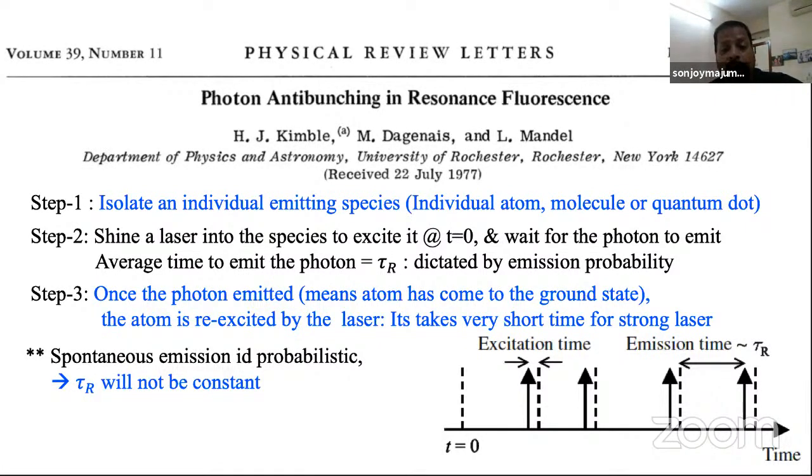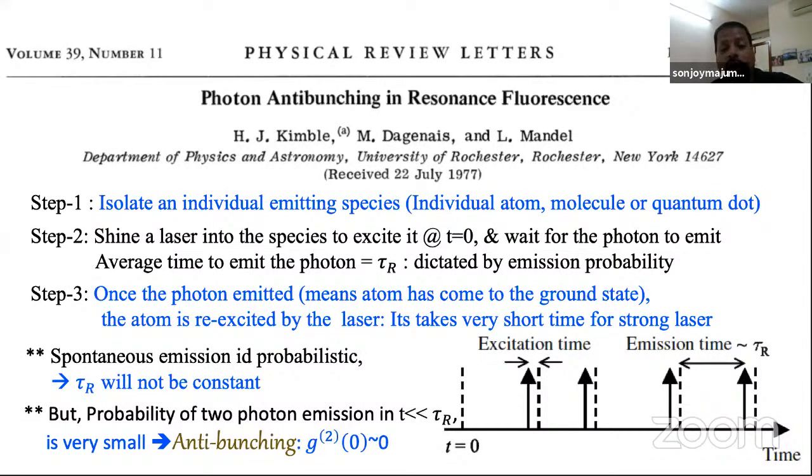That's a very good point: there's no way you will get bunching. So you will get a perfect scenario of anti-bunching. The photons come one after another, maybe not at equal time intervals, but they don't come together. It is a perfect scenario of g2 of 0 equal to 0.